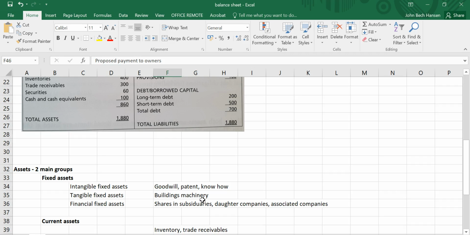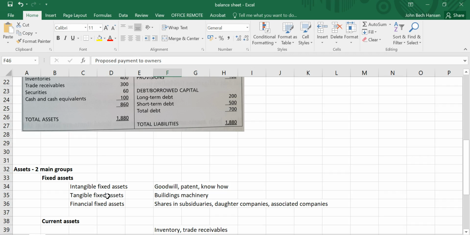Well, it's quite easy, because when we talk about our financial report, we are very conservative. So we are not guessing, we are talking about booked value. So if a building or a machinery or a car goes into our fixed assets, it will be registered with booked value, what we pay for it.